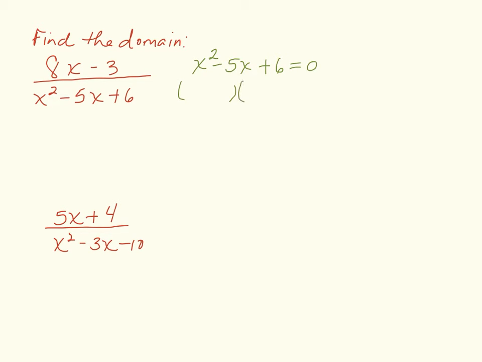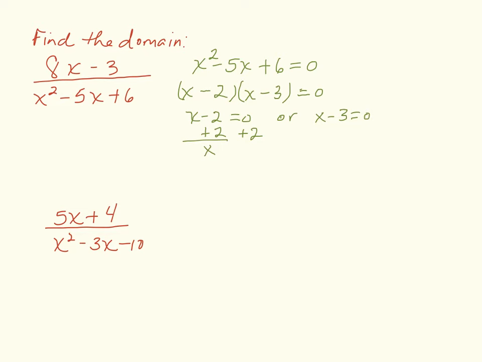This is a quadratic equation, so we factor. Okay, x and x. I need two numbers that multiply to positive 6 but add to negative 5. That's negative 2 and negative 3. So we have x minus 2 equals 0, or x minus 3 equals 0.